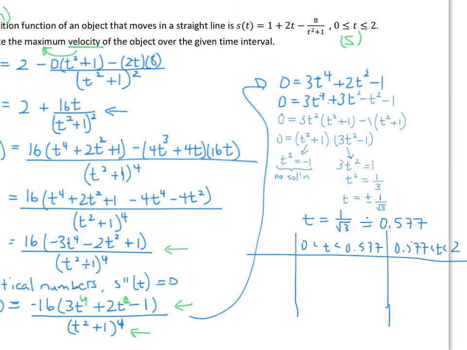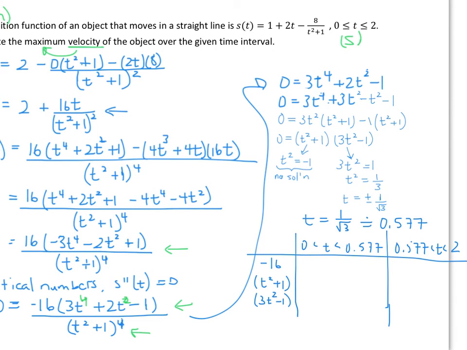And I want to check the sign of my derivative. Now remember, it was the velocity function that I was working with, and then I had to take the derivative of it. So I need the sign of that second derivative. I can list all my factors here of my second derivative. I had a -16, and then a t squared plus 1 in the numerator, and it also had a 3t squared minus 1.